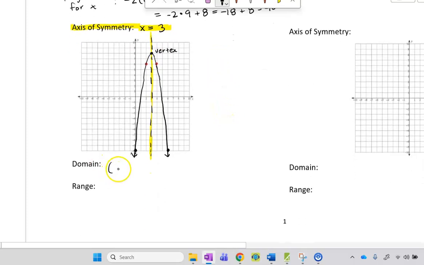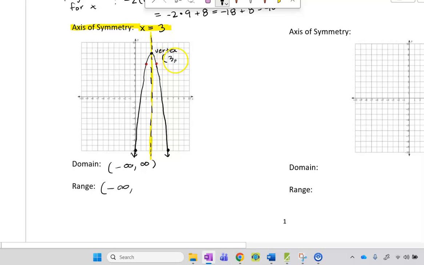The domain will always be -infinity to infinity. And the range changes depending on the vertex. So in this case, this goes down forever because I have arrows pointing down forever. So the lowest it goes is -infinity. The highest it goes, well, let's take a look at our vertex to see.